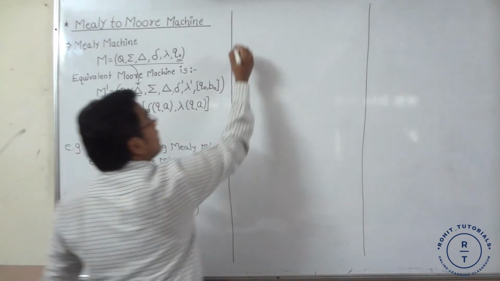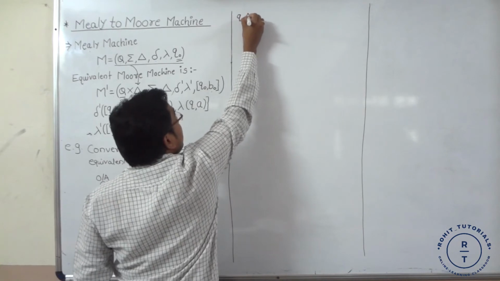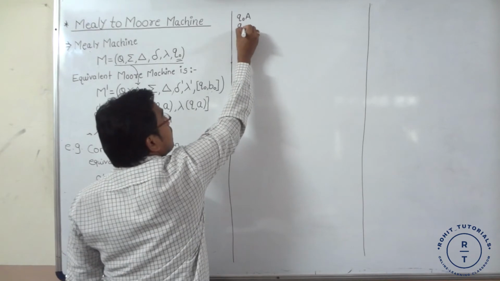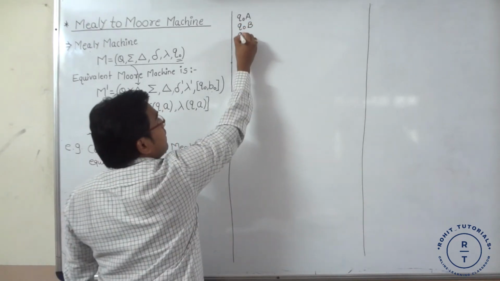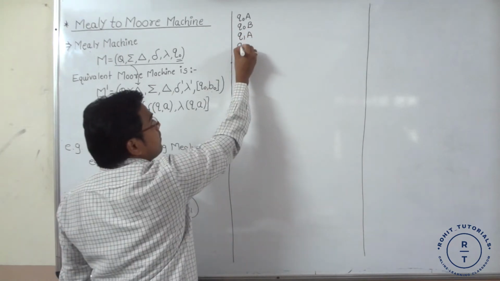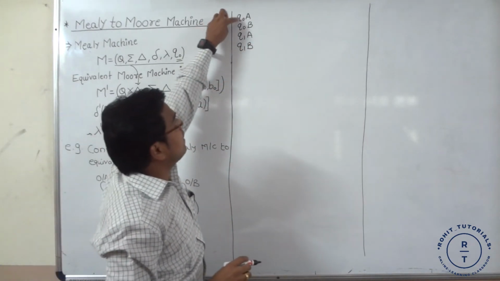So the first state is Q0A, the second state is Q0B, the next state is Q1A, and the last is Q1B. That is, the state with the output symbol.